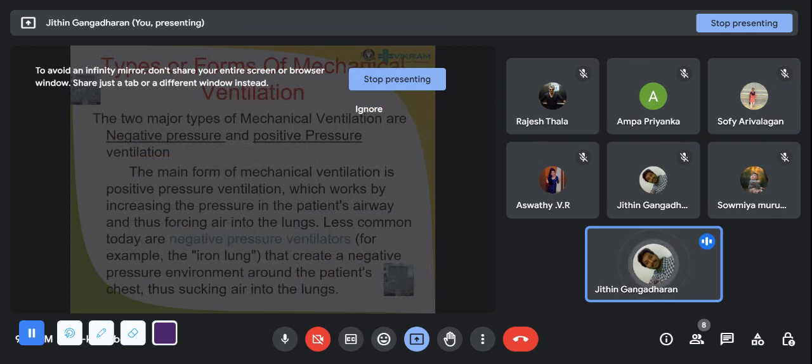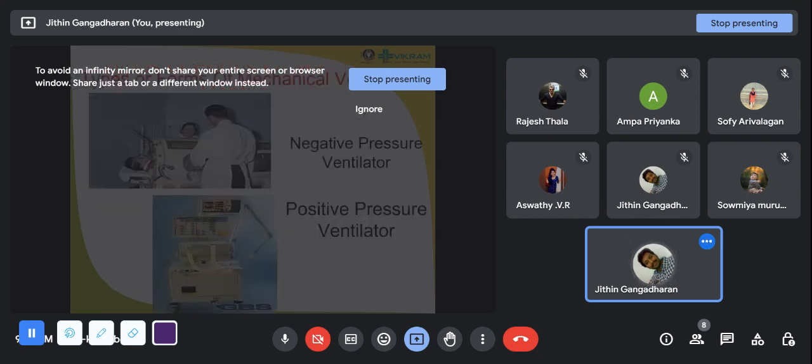We have explained the negative pressure ventilator, the iron lung machine. It was used previously. Now it is not in use.